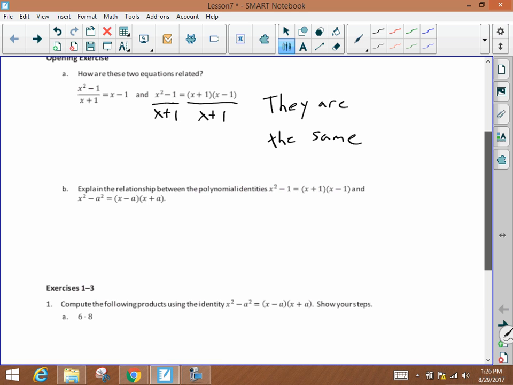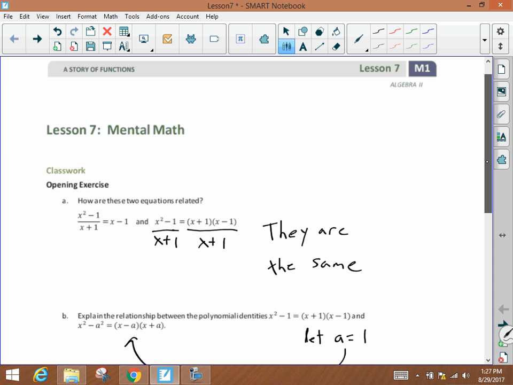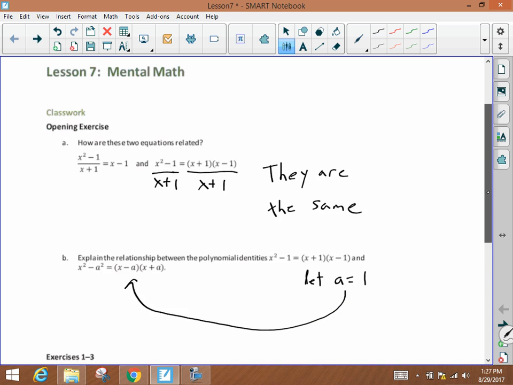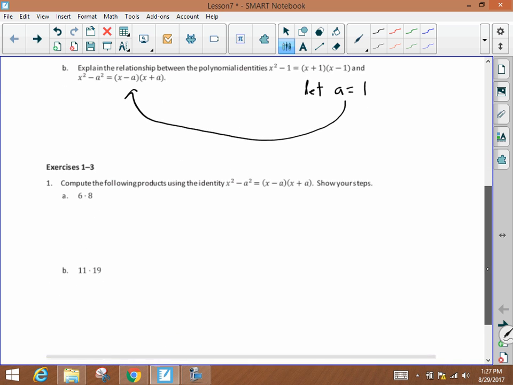Well, these are pretty much the same as well, except that if we let a equal 1, then we get this one. So one is a general equation for our difference of squares, and the other is a specific equation for difference of squares when a is equal to 1. Sorry about that. Okay.